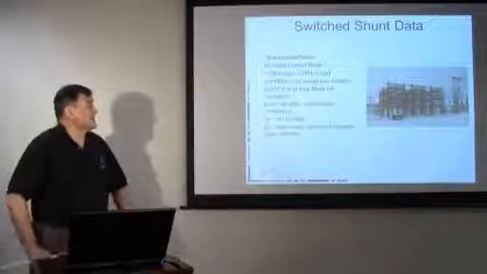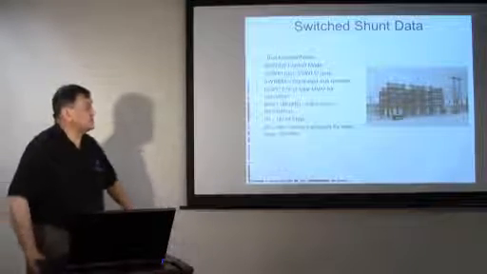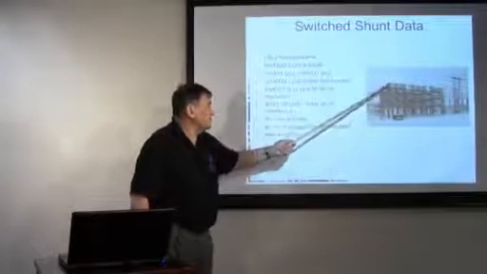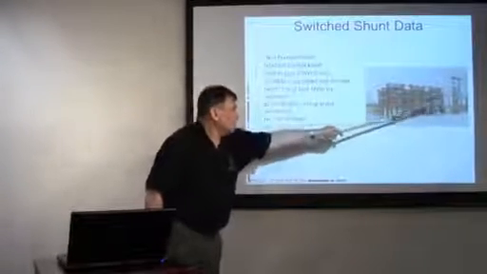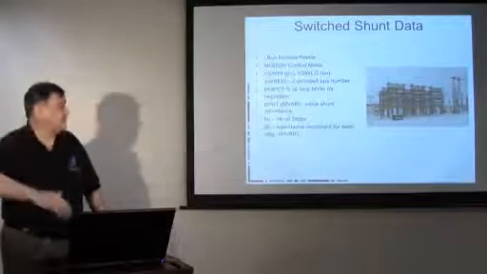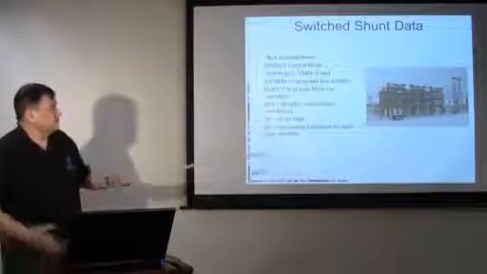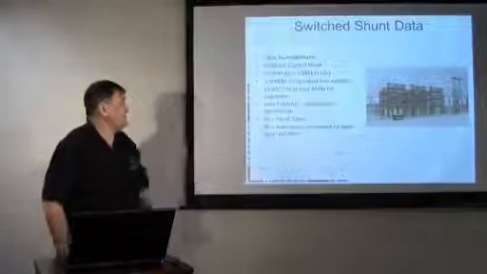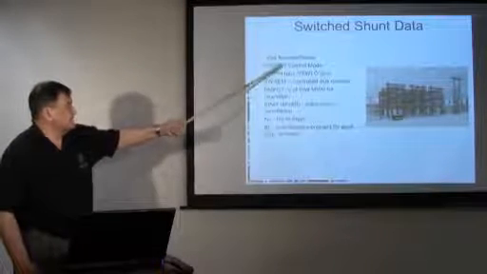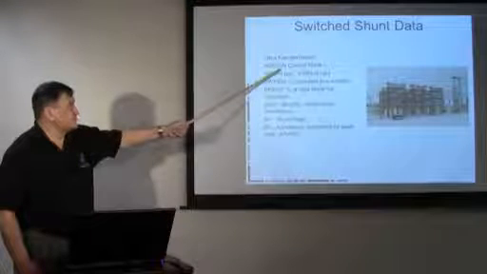We're getting towards the end, but switch shunts, here's an example of an actual capacitor bank, 3 phases, phase A, B, and C, and a whole bunch of capacitors, some of them in series, some of them all in parallel. And to model all of that, basically what we do is we say that there's a bus that it's connected to. It may or may not be controlling.